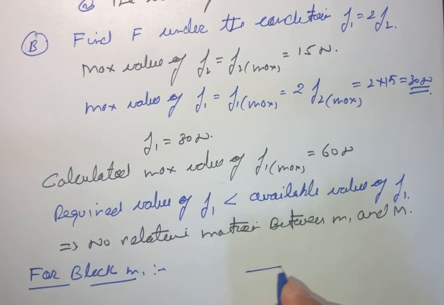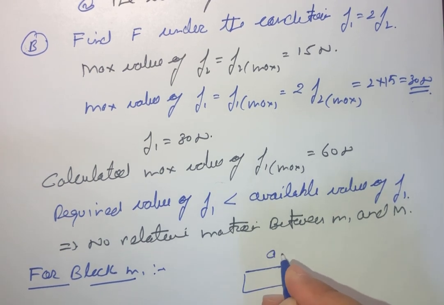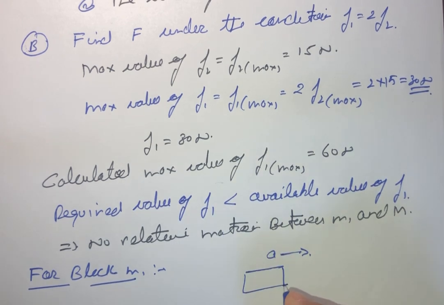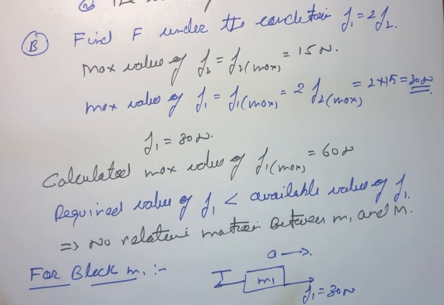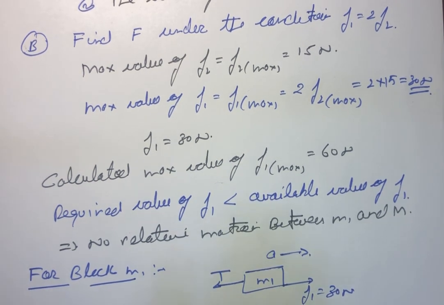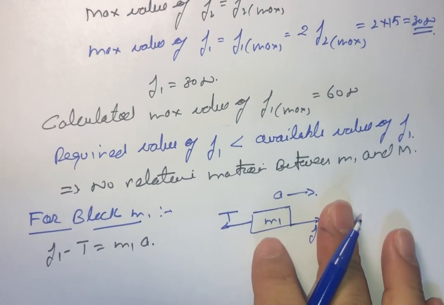So we have acceleration A, and F1 is our 30 Newton now. So F1 is 30 Newton. This is our M1, and we have a tension T. So we can say here F1 minus T will be equal to M1 into A. We substitute the value.